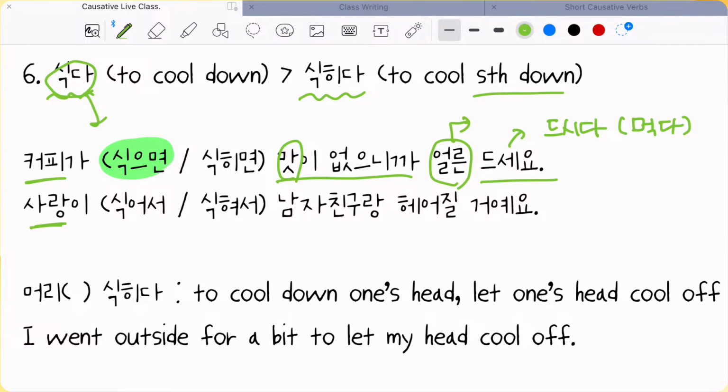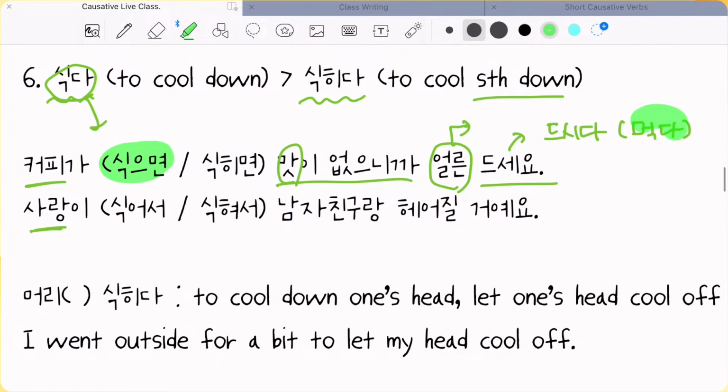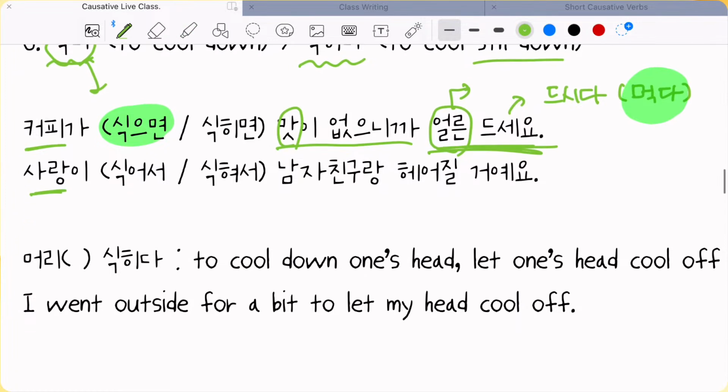So we do say 커피를 먹다, and that would mean to drink coffee. So 먹다 is a broadly used word. You can remember that. 먹다. So 커피가 식으면 맛이 없으니까 얼른 드세요. Hey, quickly drink it.